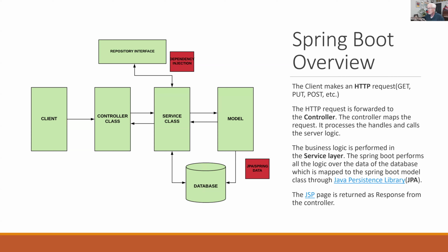And that's where I'm handling all of that data storage and persistence, right? Then I've got a database where I'm storing persistently. And then on the top, I've got my repository interface. And this is where I can inject dependencies between classes into the architecture, and specifically between these service classes that I have.